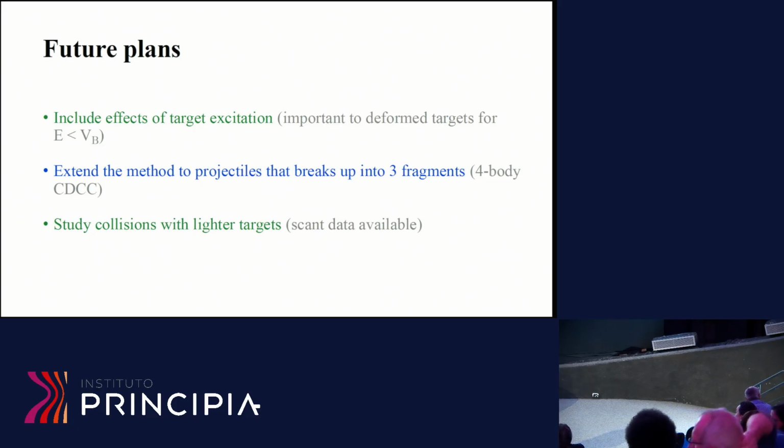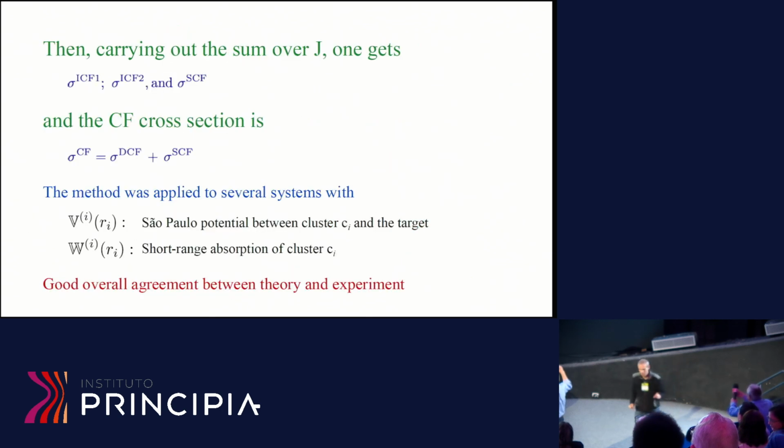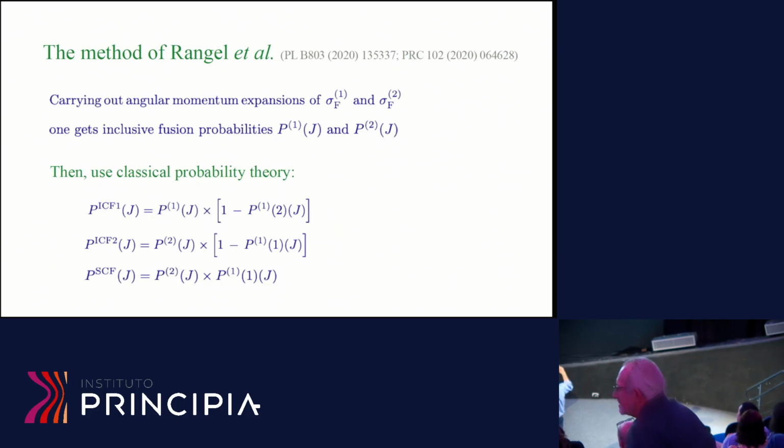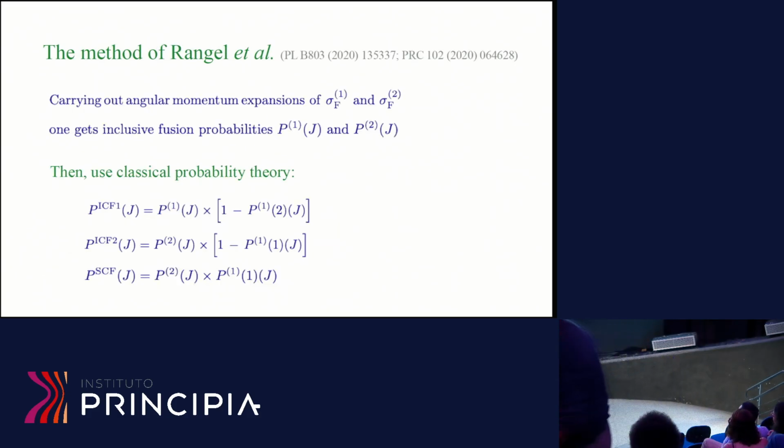Can you show that formula again with the 1 minus VB over E? The formula you had with 1 minus... Yeah. Can you show it again? You passed by. Go forward. You went too fast.